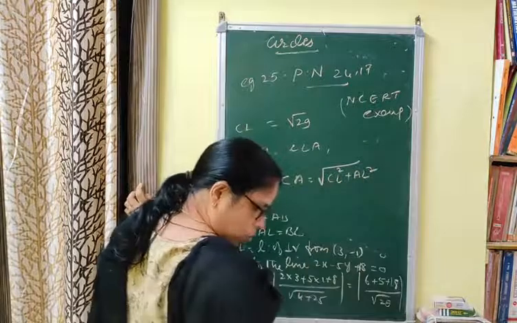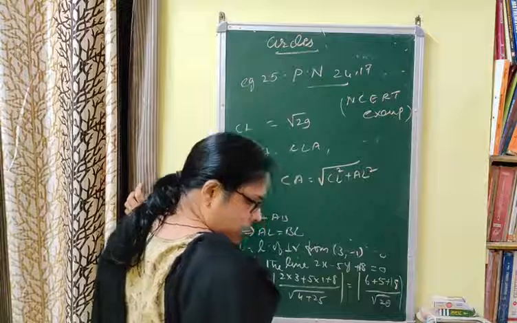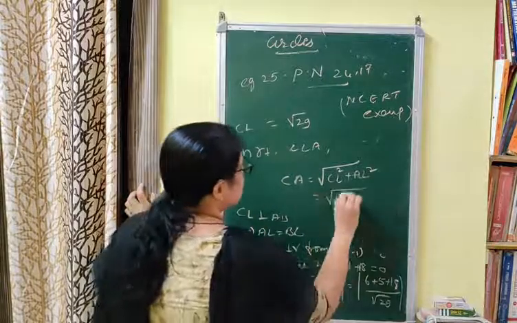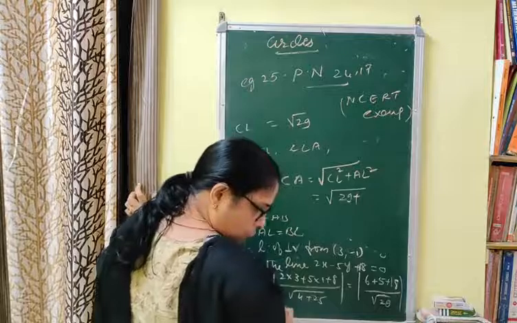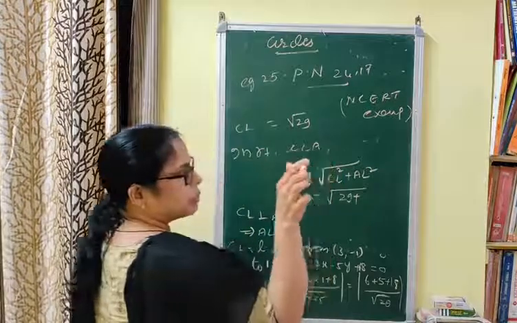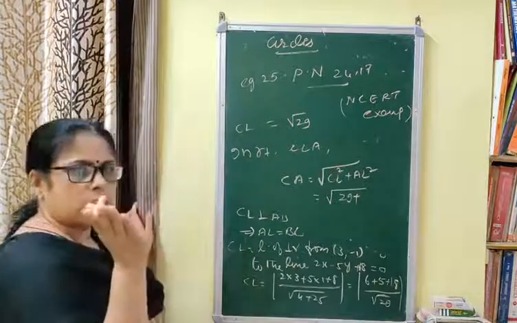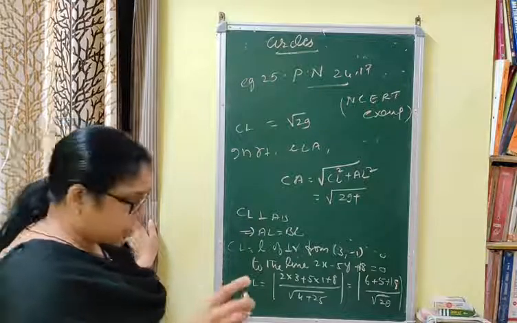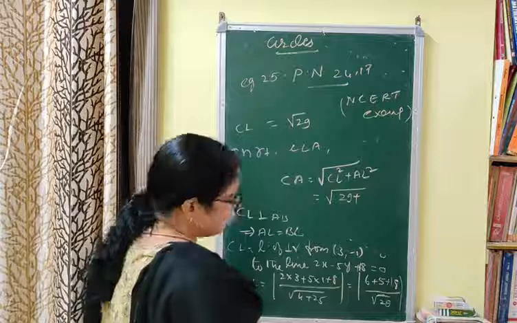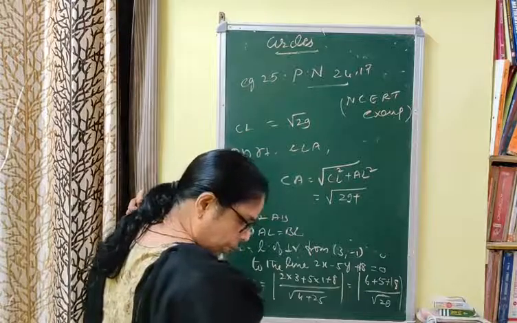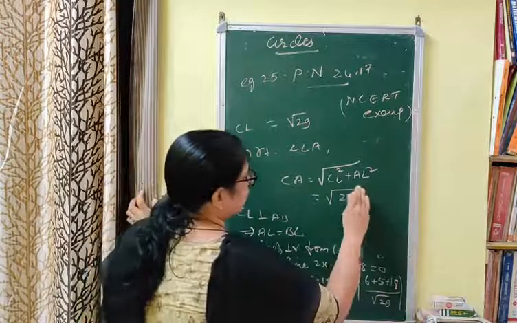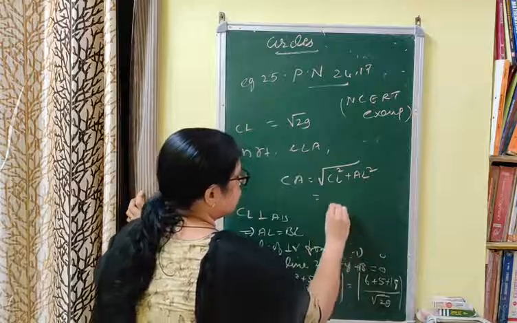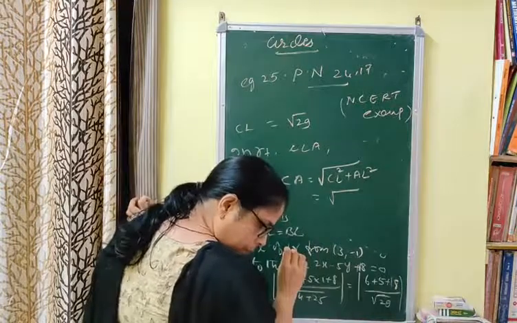CL square is 29. The total length of the chord was 6, and since it is the perpendicular from the center, it bisects the chord, so AL equals 3. That is root 29 whole square plus 3 square.